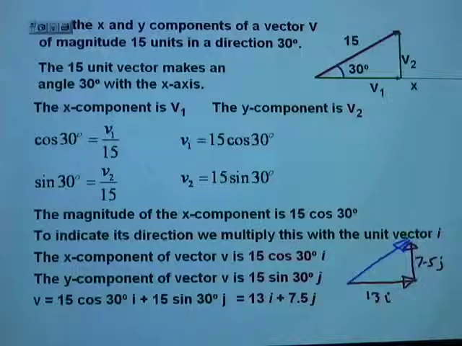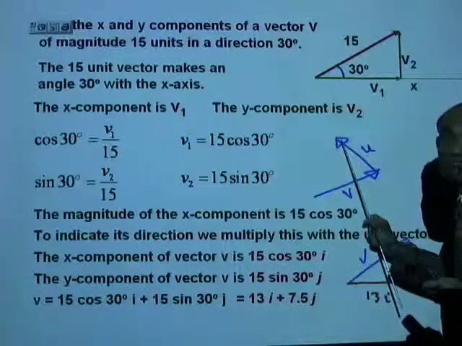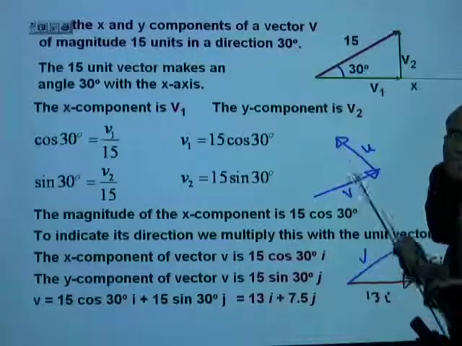Now, I can actually use this to add any number of vectors. For example, if this is one vector and this is the second vector, I'm going to call this vector v and the second vector u. Can you tell me, if this is vector v and this is vector u, what will be the sum of these vectors?